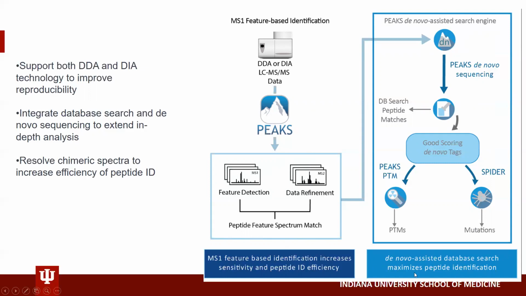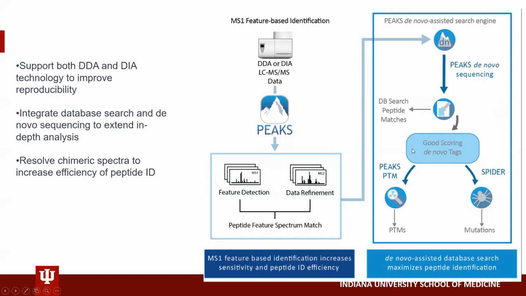So this is almost the opposite of most normal database searches, where you have a database and you're searching just the combination of precursor and fragment ions against that database, and you score based on how similar your data is to the possible trypsin digested database peptides. Instead, you have this de novo sequencing that happens before a database search. And then the database peptide search will happen against some of these de novo and feature searches.